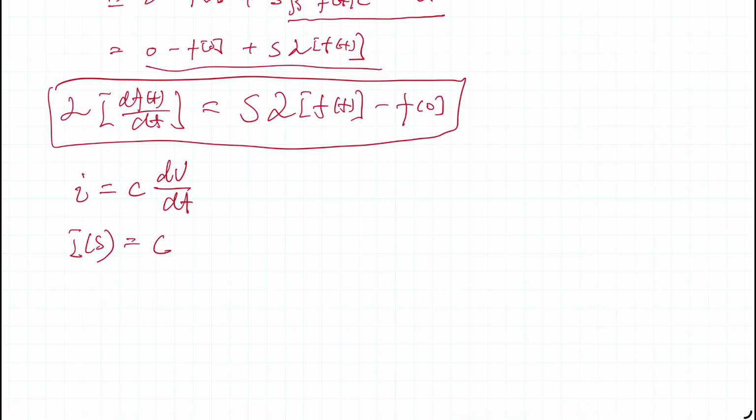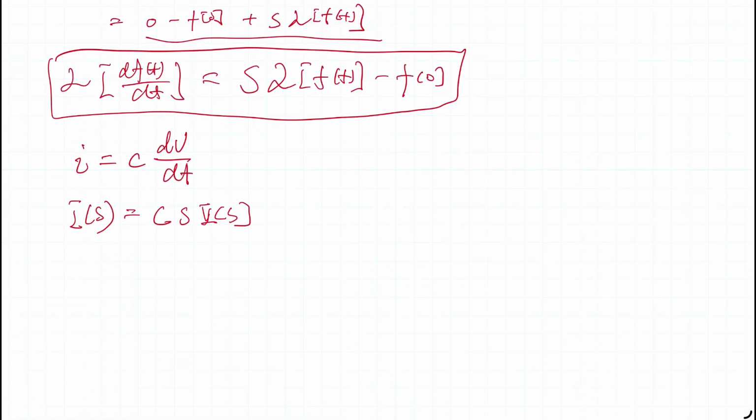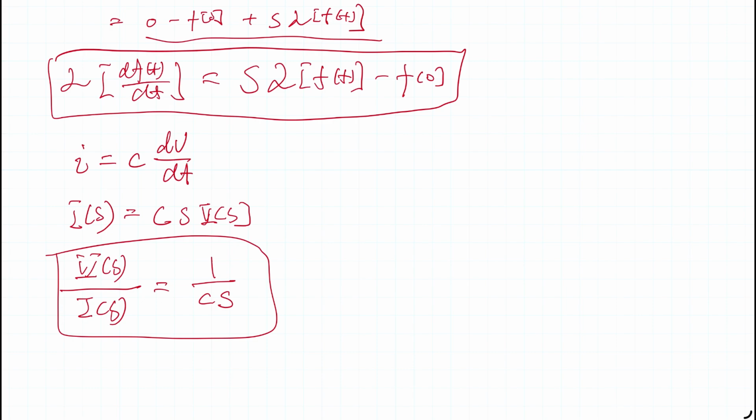So we get C s V(s), using capital V. We get rid of the derivative, just add an s in front and take the Laplace transform of V. If we rearrange, we write V(s) divided by I(s), the Laplace transform of voltage divided by the current, which equals 1 over Cs. Now you turn this very complicated derivative into a very straightforward Ohm's law.